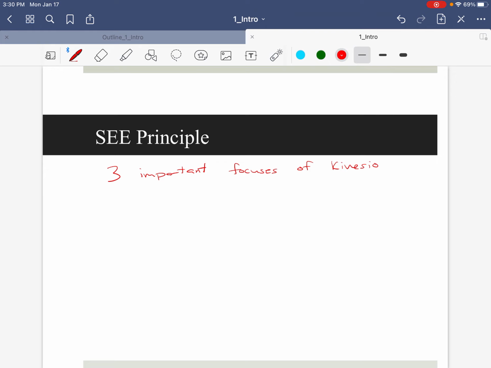So we know what kinesiology is, the study of human movement. But within that, particularly if you're going to be a phys ed teacher, or even a physical therapist or occupational therapist, we have the C principle.